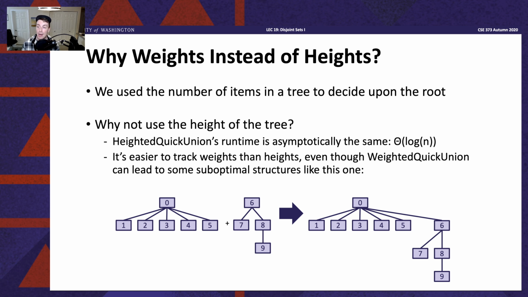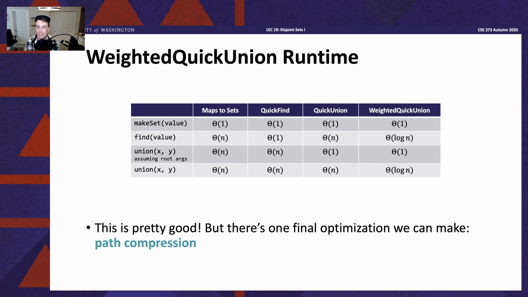But it's a lot easier to track the weights, just the number of nodes, because you don't have any of this complex logic of, does this operation change the height of the tree or does it not? So it tends to be that this weighted quick union is a bit easier to implement. Even though it can run into some weird edge cases, you'll still have this log height.